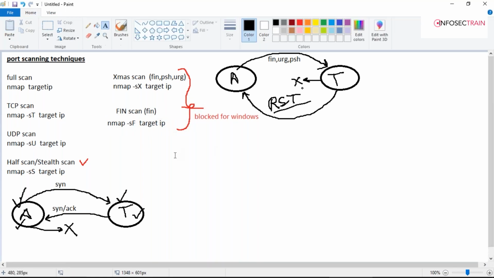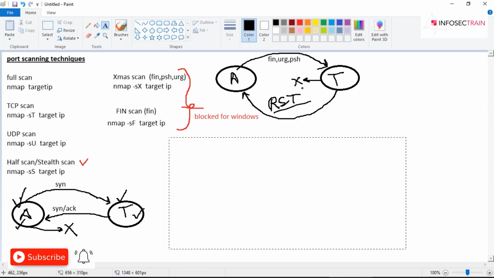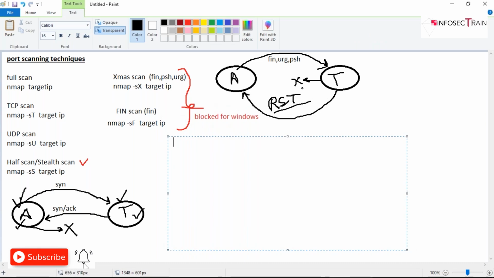Then we have one more scan, guys, that is known as ACK scan, right? Now in ACK scan, I'll not be finding which ports are open or not, but I'll be checking whether the firewall is on in the target machine. If I perform ACK scan, the syntax is nmap -sA and target IP.